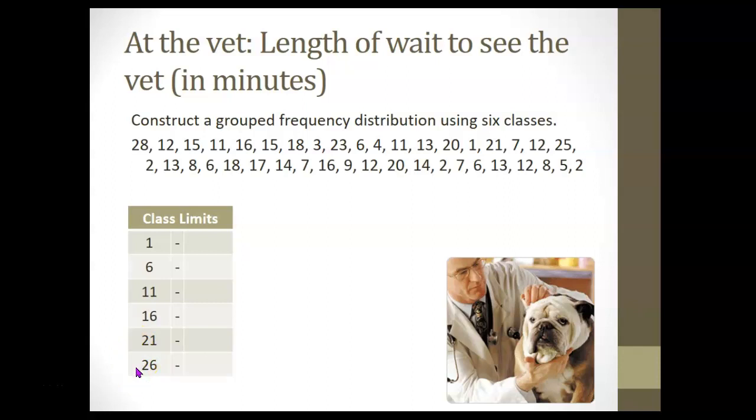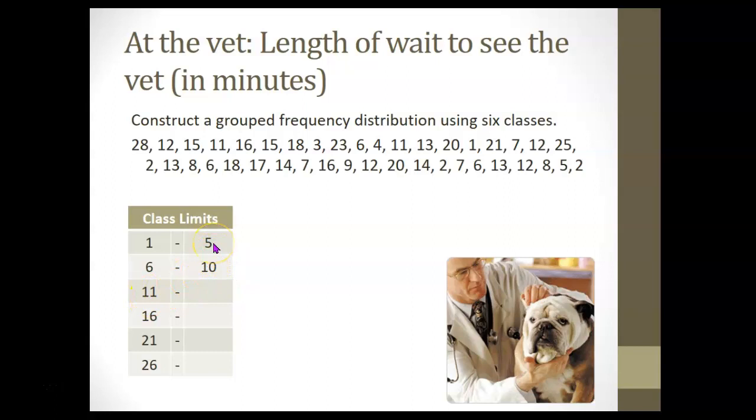Now for the upper limits, if the second class starts with 6, the first class is going to have to end with 5. Notice 1 to 5 does give us 5 different numbers in that class. And the next one is going to end with 10.